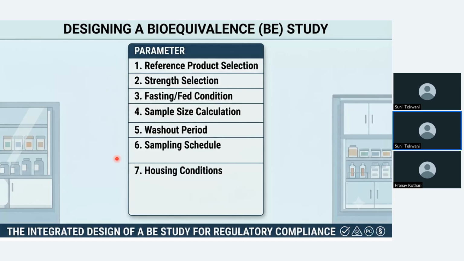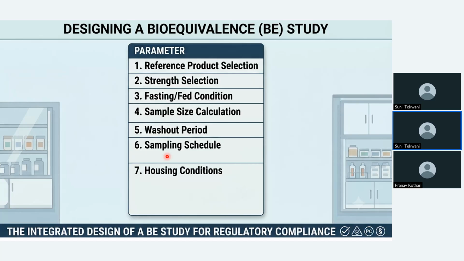We will learn these 7 parameters or 7 points: how to choose the reference product, how to choose the strength, whether to conduct a fasting or fed study, how to calculate the sample size, that means how many subjects, 12 subjects, 24 human subjects. What is the washout period and how it is calculated.